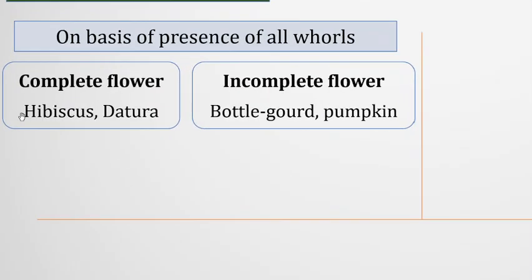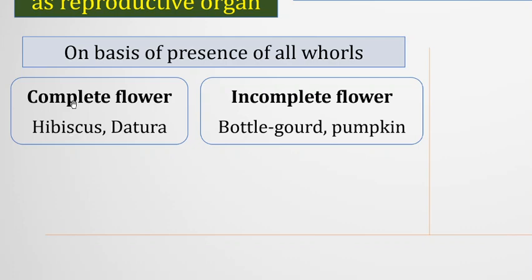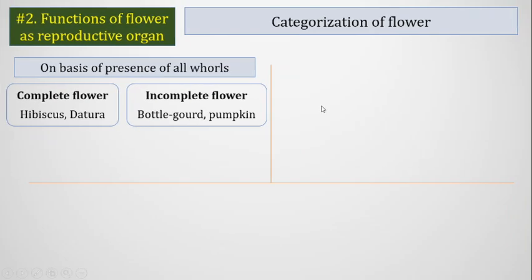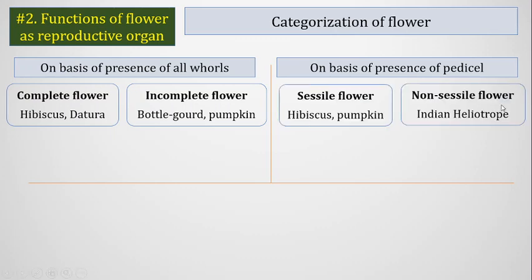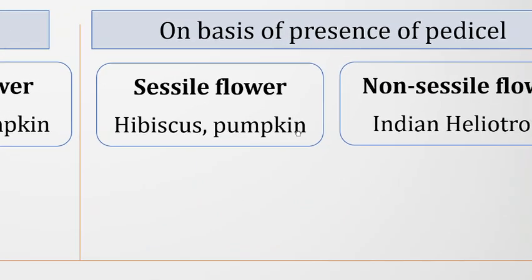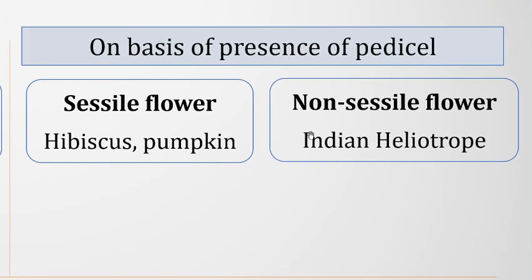Some flowers are complete flowers, which contain all 5 parts in the same flower, and some flowers are considered incomplete flowers: flowers that lack one of these 5 parts are called incomplete flowers. Then, on the basis of the presence of a pedicel, whether the flower contains a pedicel or not, we say some flowers are sessile flowers and some flowers are non-sessile flowers.